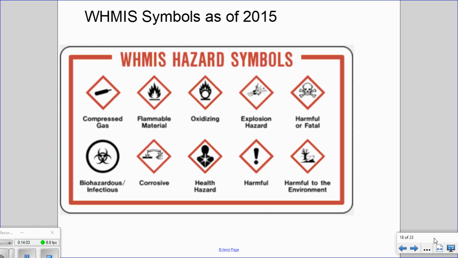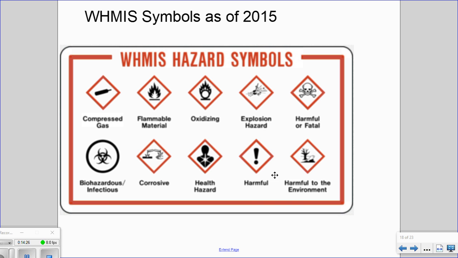So just something to note, as of 2015, WHMIS symbols have changed. Most of the symbols are the same. There's just a few new ones here. The toxic symbol has been replaced with harmful, and it's kind of been split into two: health hazard and harmful.